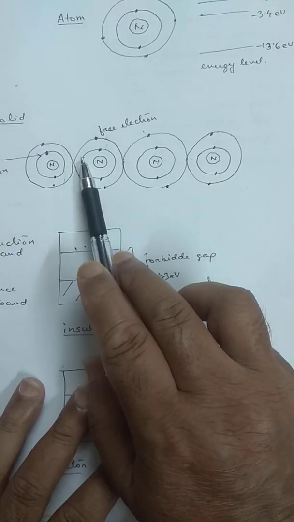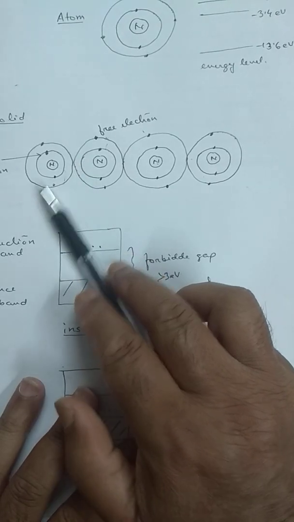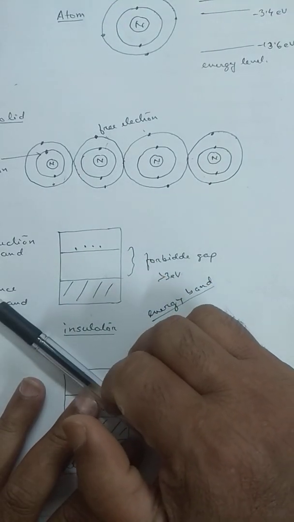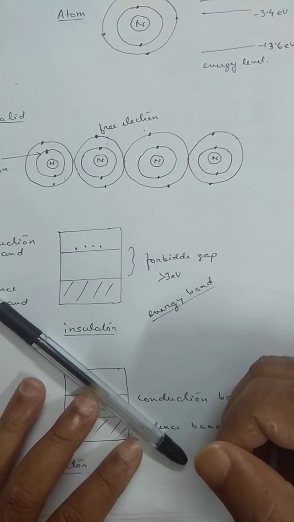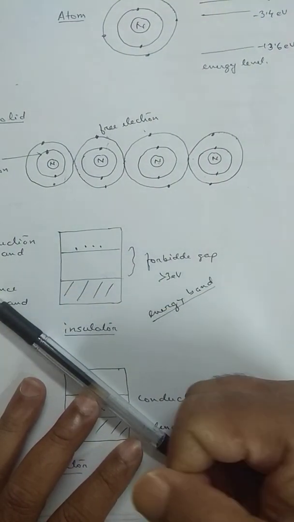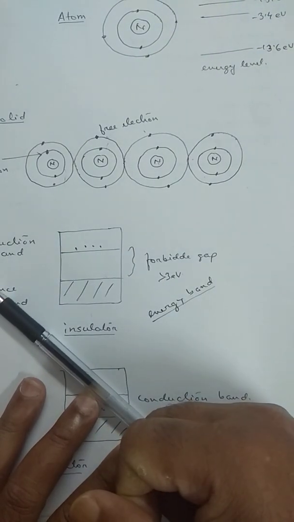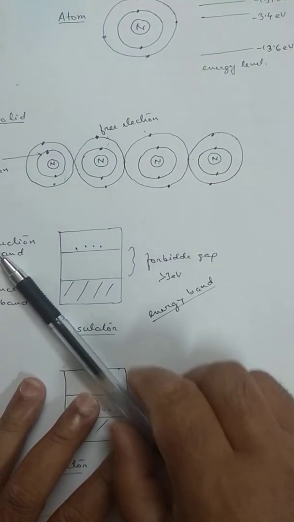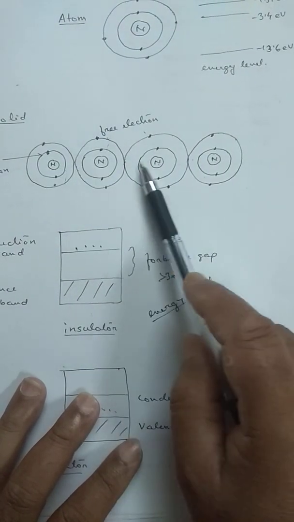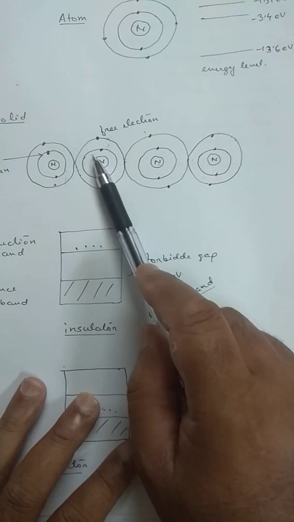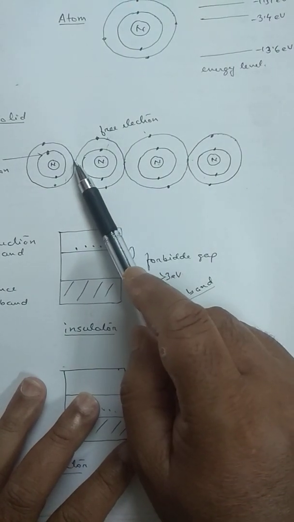Again, there is another concept. I think all of you know that there are types of motion of atoms inside a solid. One is the vibrational mode, one is the rotational mode. In vibrational mode, the atoms vibrate about their mean position. If these atoms vibrate, this point of overlapping is also oscillating.